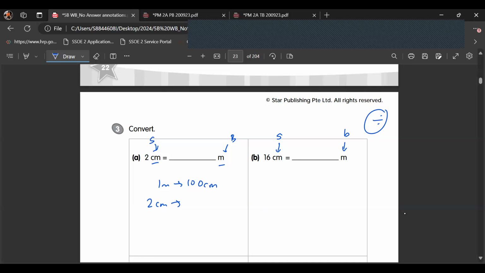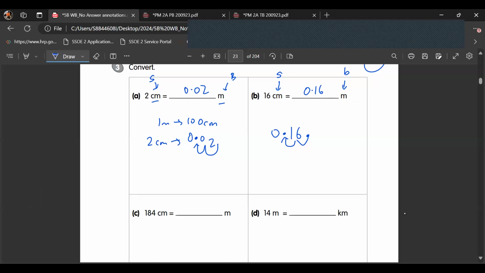So it will be 2 divided by 100. And then from 16 divided by 100 to meters. And then from 1,000, because 1 kilometer is equivalent to 1,000 meters.